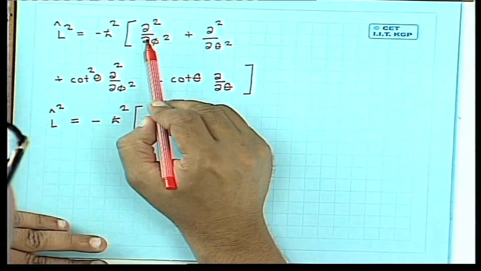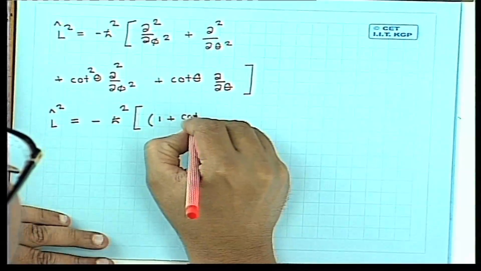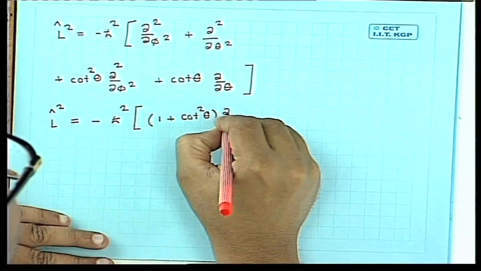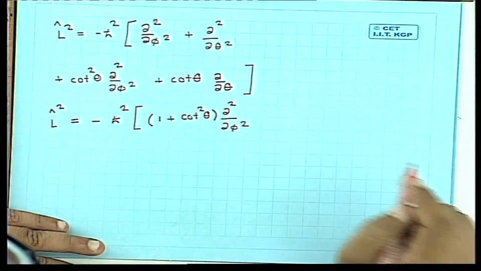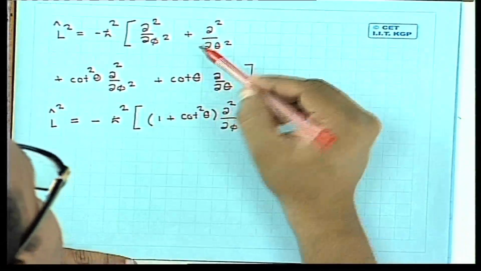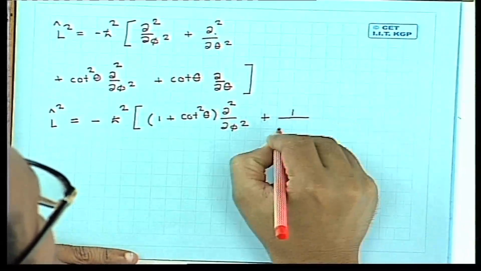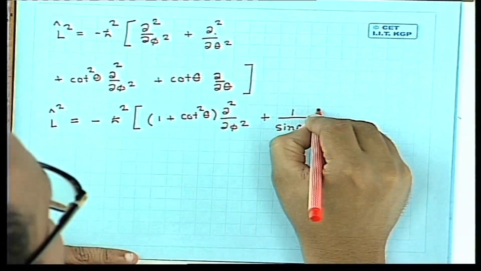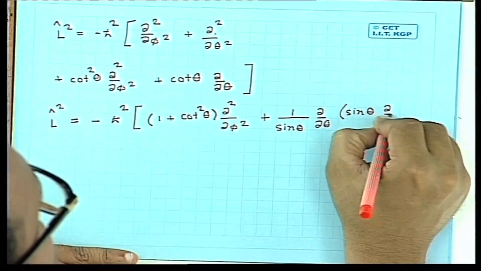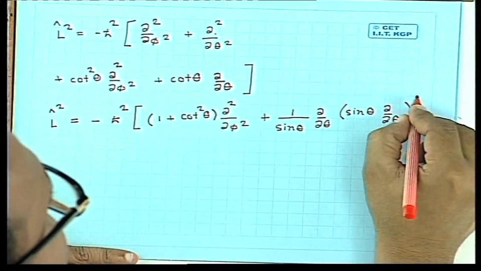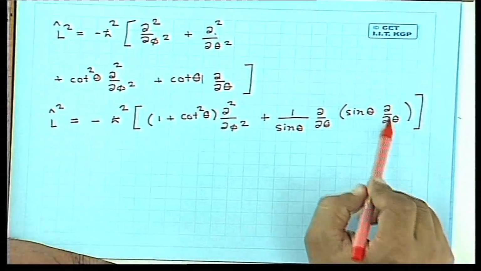Now the coefficient of del square by del phi square is 1 plus cot square theta, and these two terms can be combined and written as follows: 1 by sine theta del by del theta acting on sine theta del by del theta, because if we differentiate sine theta we get cos theta, which gives us the cot theta term, and we just have one derivative with respect to theta.